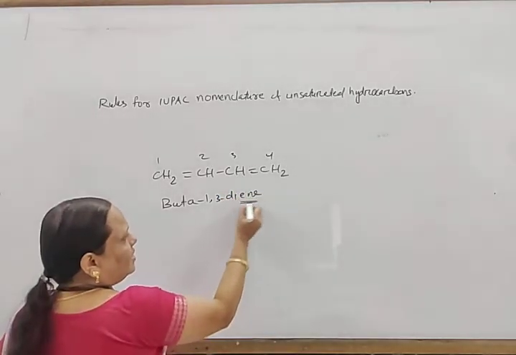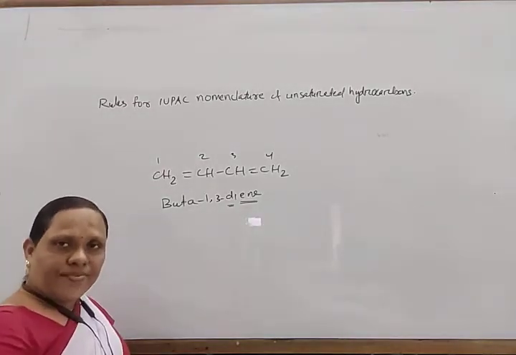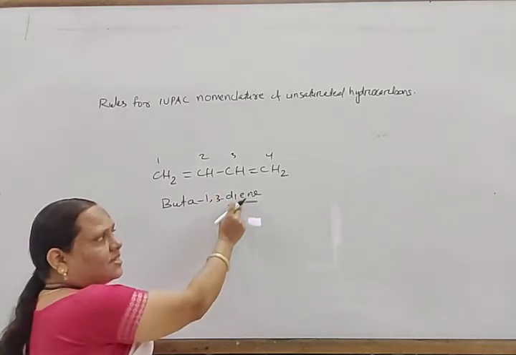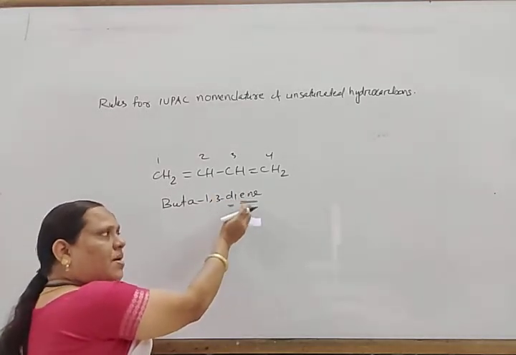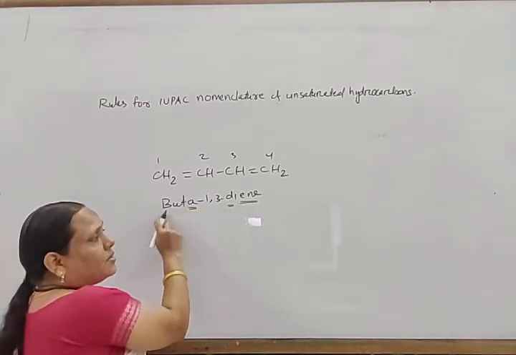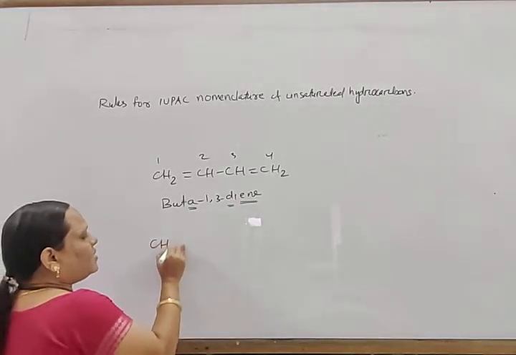Before this ene, the extra di is used; numerical prefixes di, tri, tetra, etc. represent how many double bonds are present before the primary suffix, and an extra a is added after the word root.